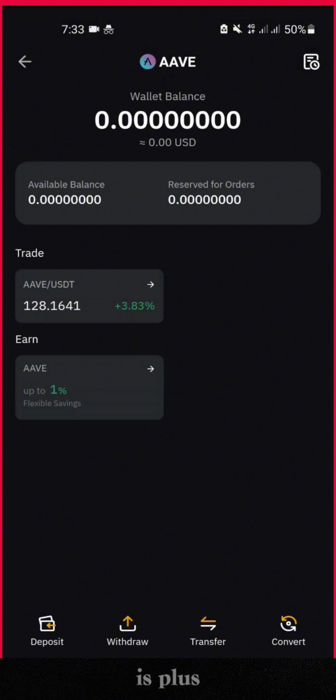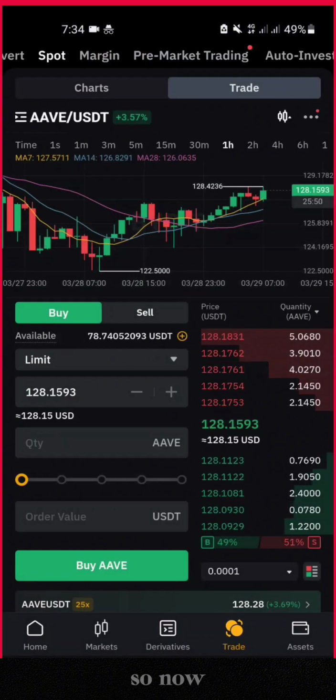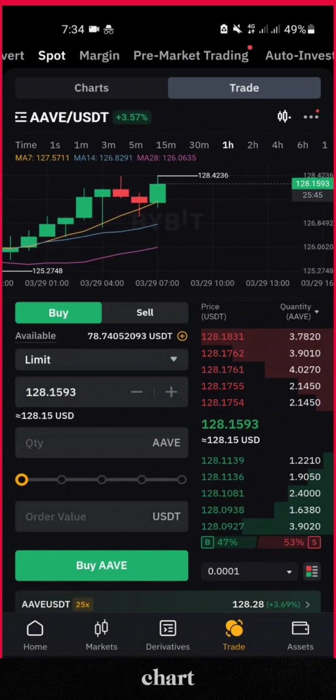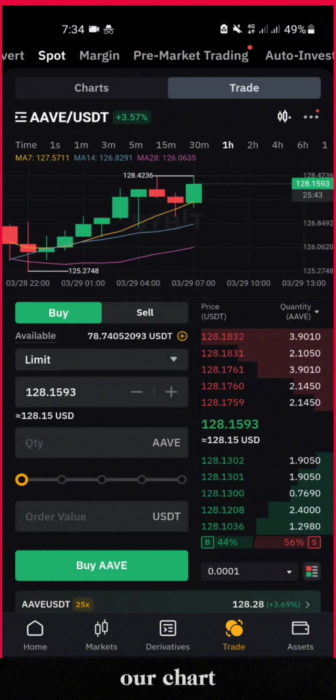Here the Aave token is up 3%, positive, the green light you may be seeing here, and it has earn 1% flexible saving. First I will show this one. Now if you want to see the trading chart, here is the 1 hour chart.